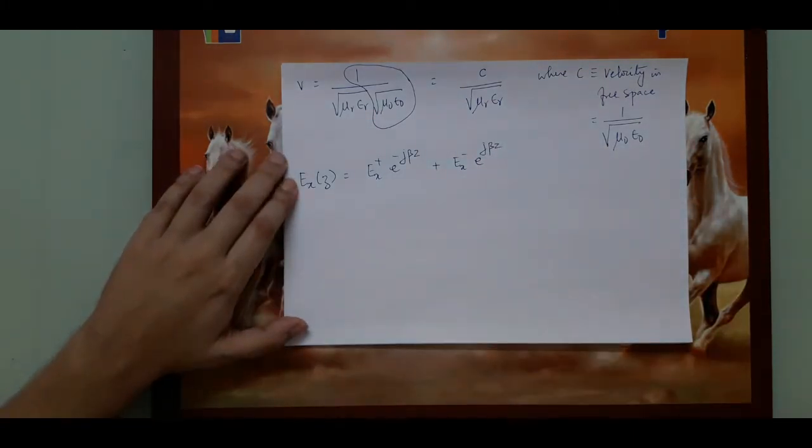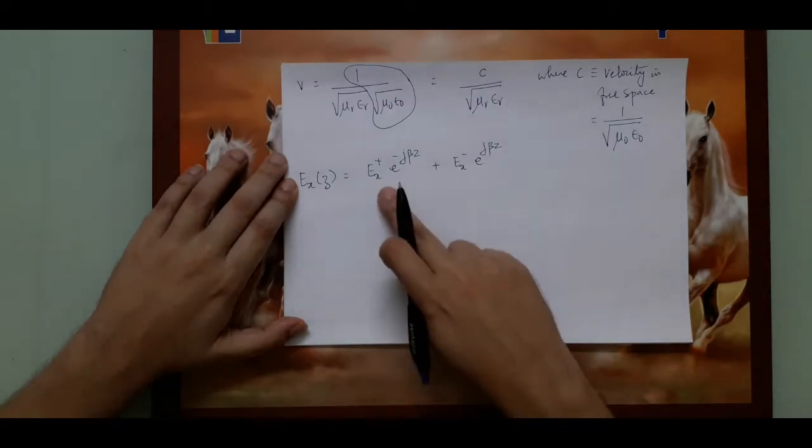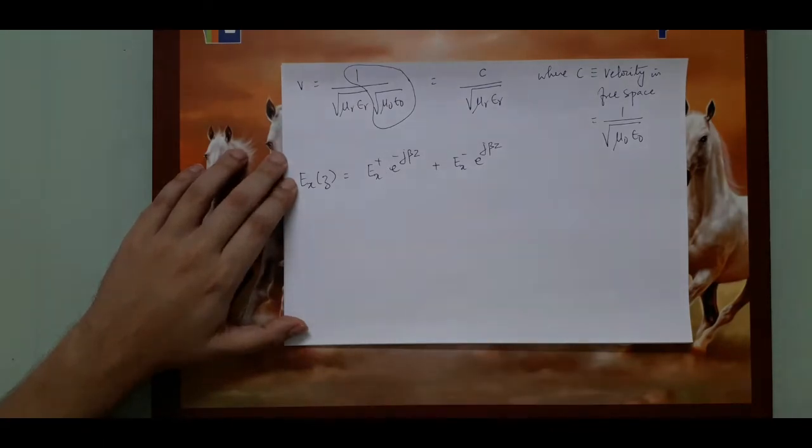Now just like in transmission line, we started with voltage and then tried to calculate current, let us now start with electric field and try to calculate the magnetic field.